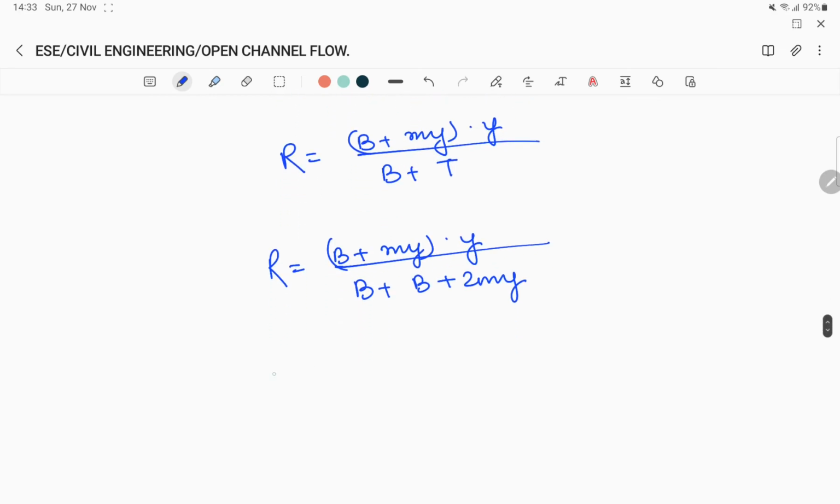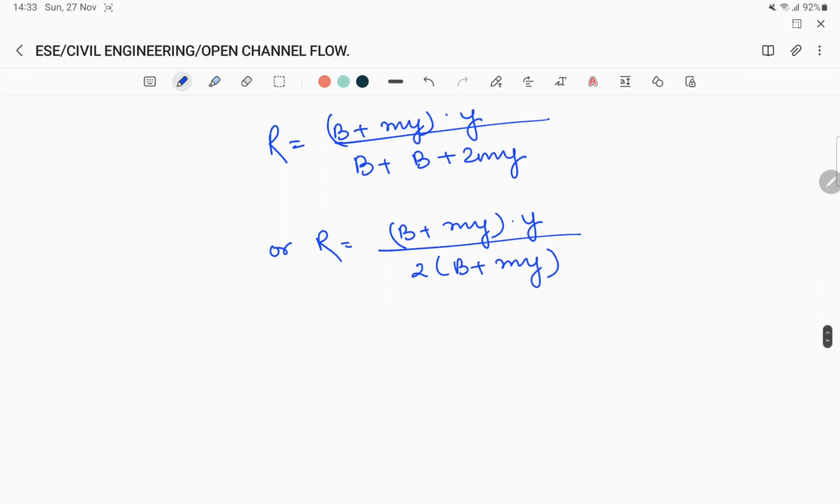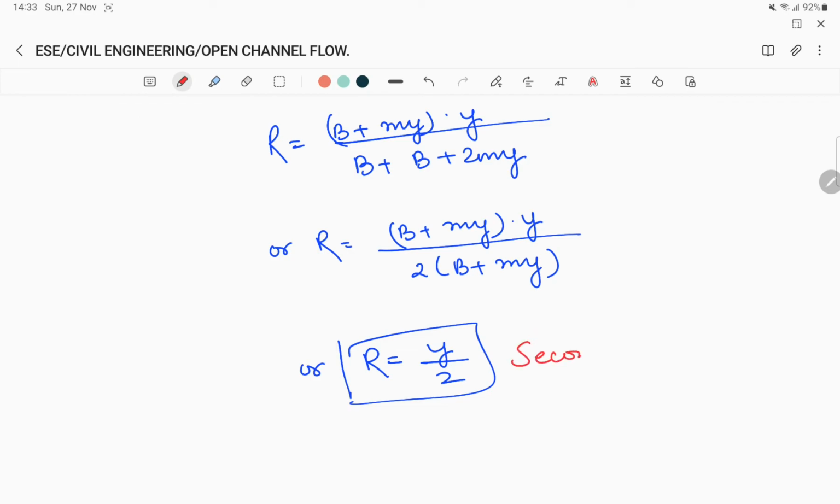If you simplify this, you will get R is equal to y by 2. So this is your second condition for efficient trapezoidal section.